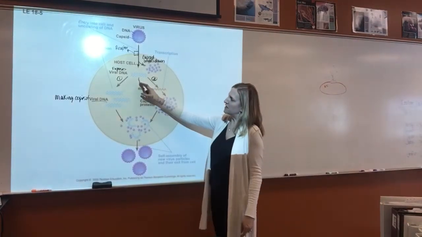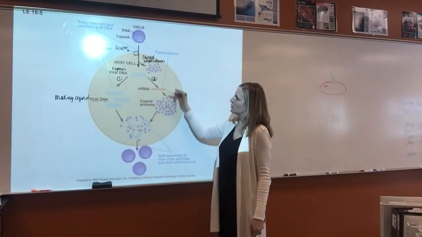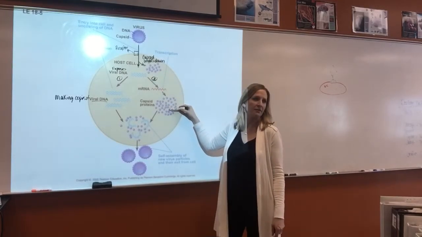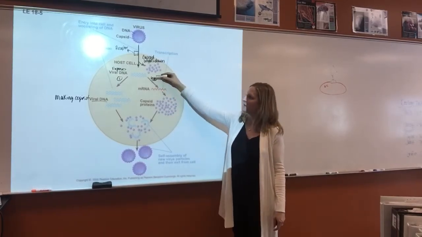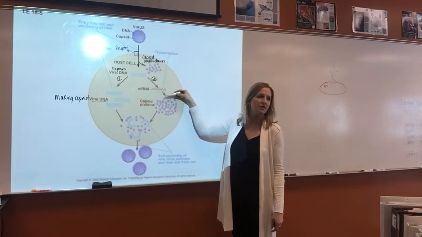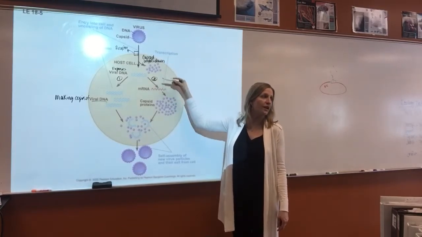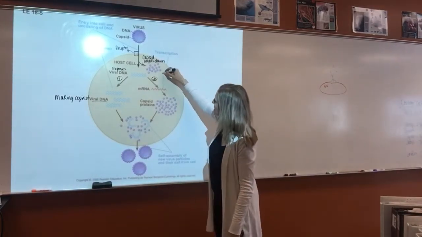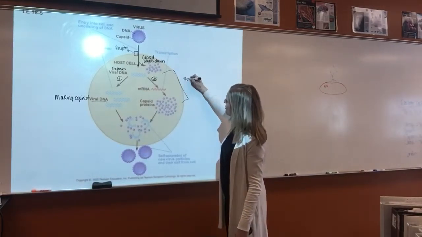Then we can also take the viral DNA, and what are these two steps here? What is this collectively? Transcription, translation, the whole thing. Protein synthesis. Yeah, protein synthesis. So right here to right here is protein synthesis.